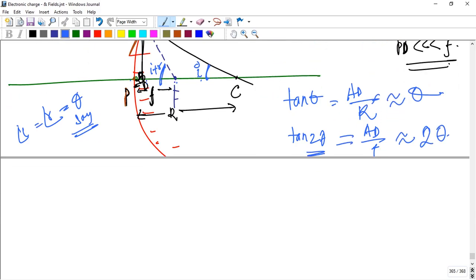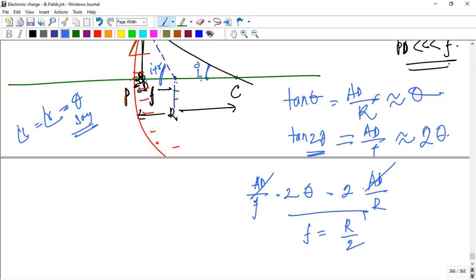Okay, so now similar condition. Here we see that AD by F equals 2 theta, and 2 theta equals AD by R. AD cancels. So F equals R by 2, or you can say R equals twice F. F stands for focal length, R stands for radius of curvature.